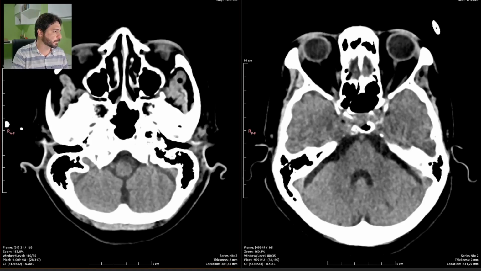And yep. Microangiopathy and calcifications, vascular calcifications. So follow up, comparison.